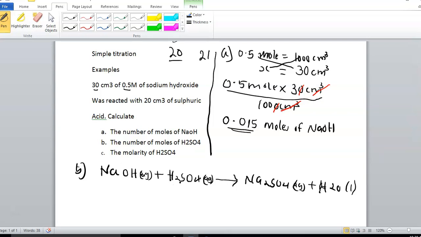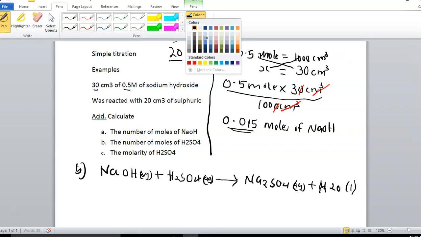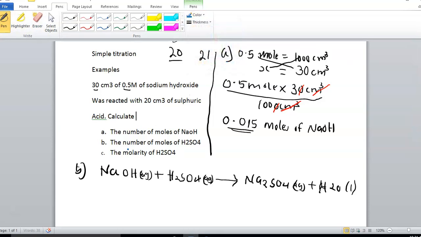When you have such an equation, this reaction is an acid reacting with a base. Acid reacting with base, the products are salt plus water. The salt here is sodium sulfate. In sodium sulfate, the sodium is 2, so we need to balance.